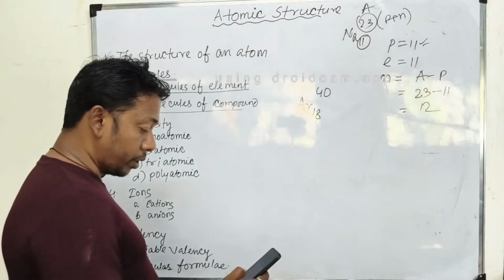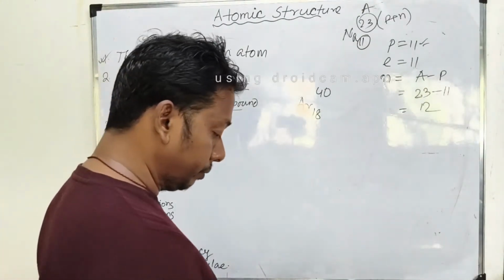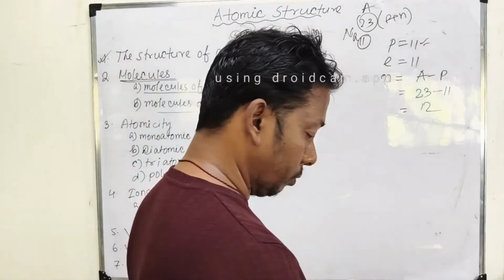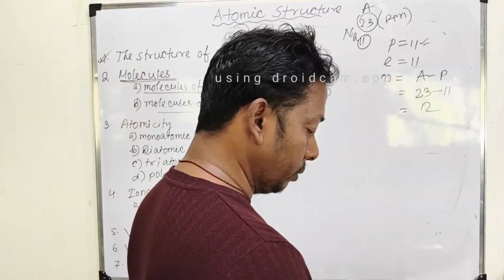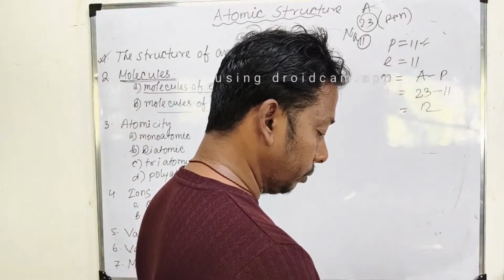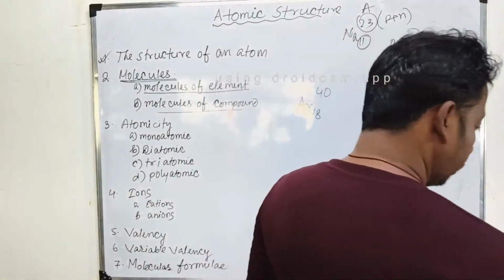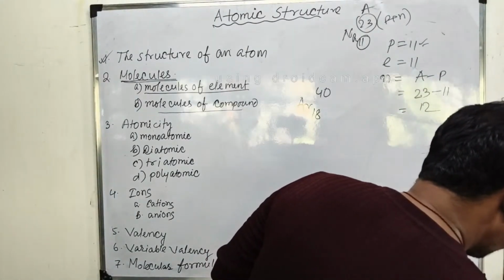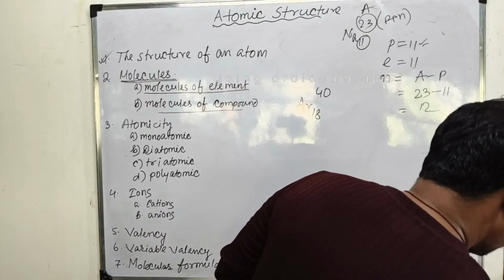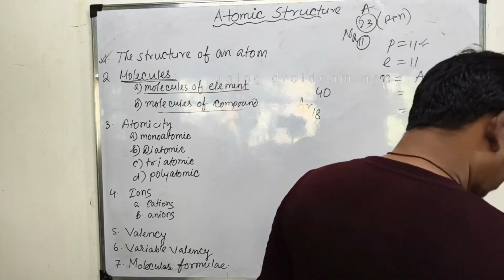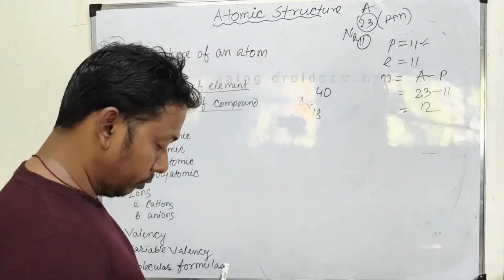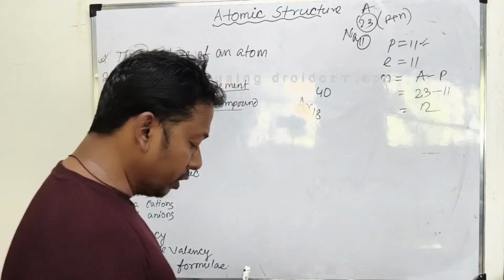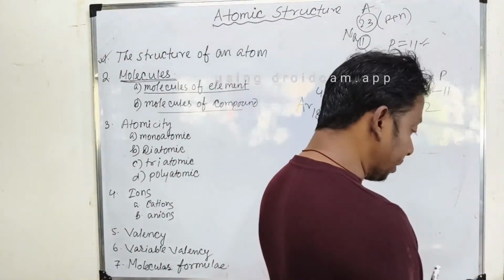No, electron is not 14. This is the 18 value. Anyone? Neutron is not right. Electron and proton is right.